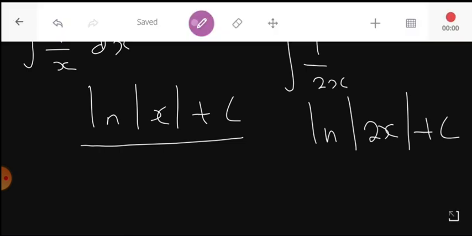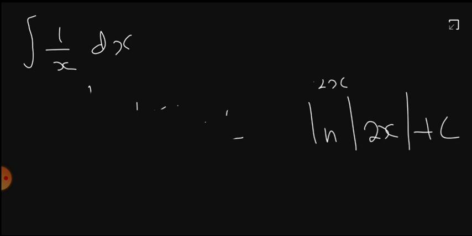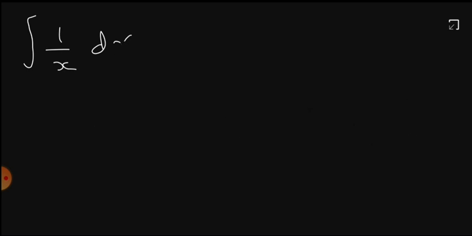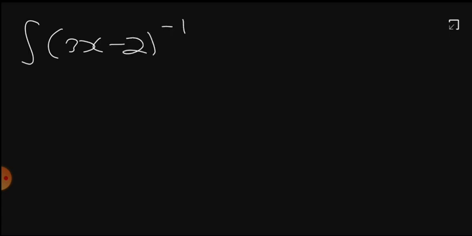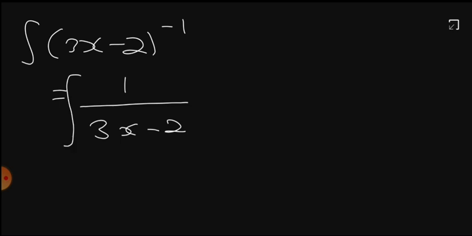Let's look at this example. If I say integrate 3x minus 2 to the power negative 1. In this case, 3x minus 2 to the power negative 1 is the same as 1 over 3x minus 2 according to indices. So I still maintain that. Then if you need to integrate this, we know that due to the presence of x there, it becomes something difficult to integrate.